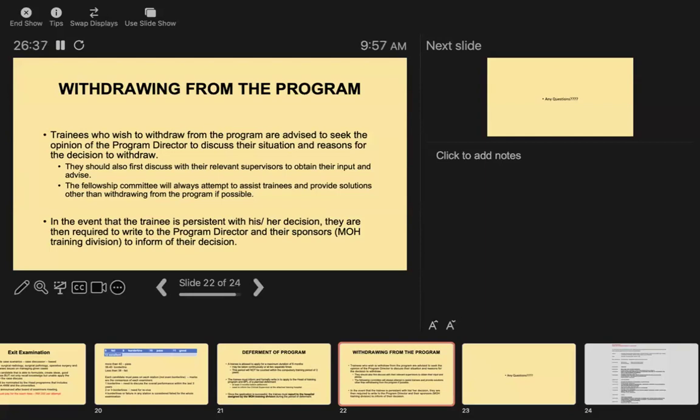Berbincang hati ke hati, berbincang juga dengan supervisor, right? Kita orang kalau boleh tak suka, you dah masuk program, tiba-tiba nak berhenti. Because seboleh-bolehnya, we want to help you to finish your program.